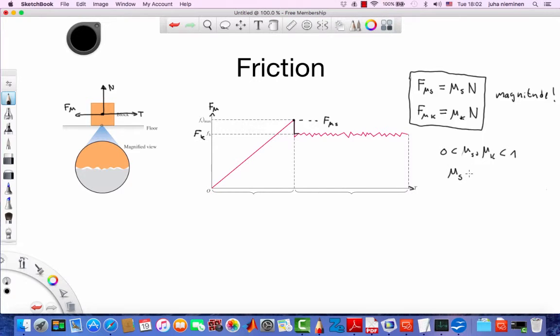Also, mu static is always greater than mu kinetic, as we can see from this figure. It takes more force to overcome the static friction so that the box starts sliding. But once we get it moving, the friction reduces by the amount which is the difference between these two coefficients.